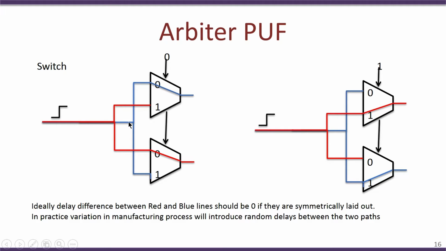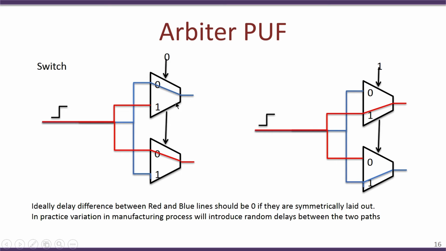For example, over here the blue line is connected to 0 in this multiplexer, and therefore will be switched to the output when the select line is 0, while in this case the blue line is connected to 1. Similarly, the red line is connected to 1 in this case and 0 in this particular multiplexer, and therefore when the select line is 0, it is the red line that gets switched.